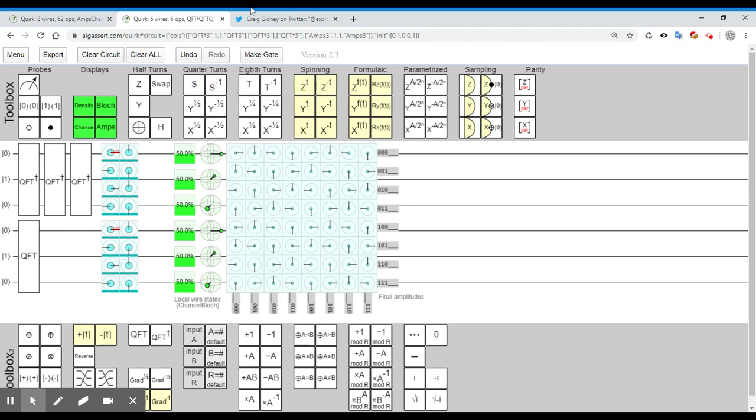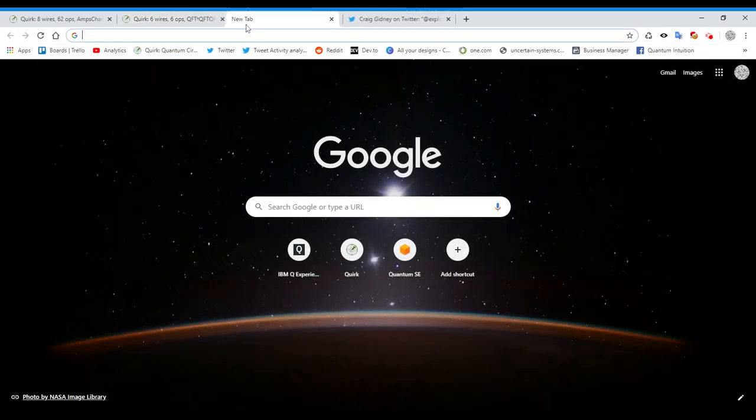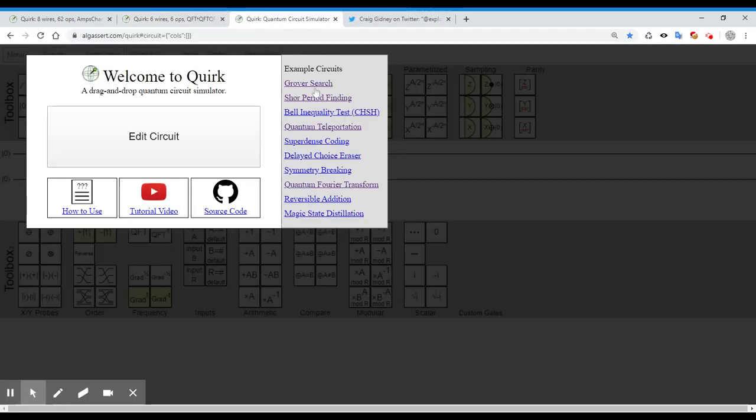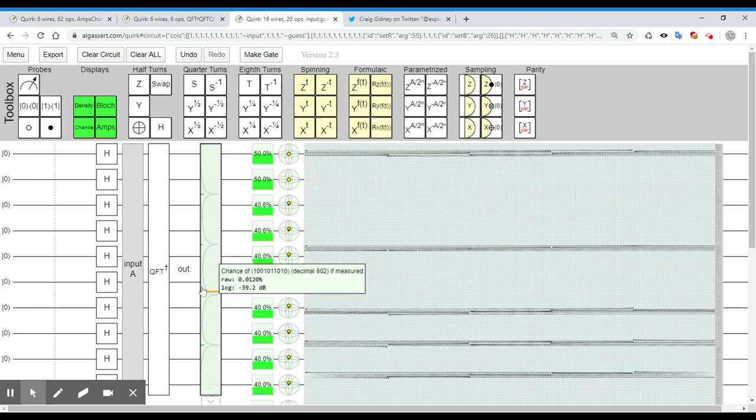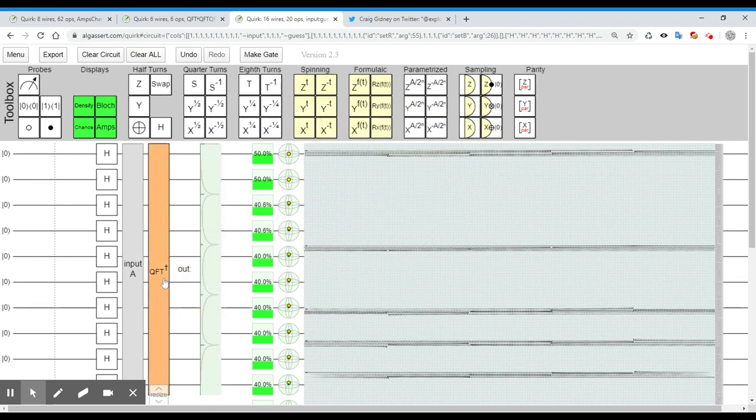Actually Craig also has Shor's period finding in here, so he's using the inverse of the QFT. Does this make sense? If we assume the QFT is what gives you the frequencies, that's kind of what you want.